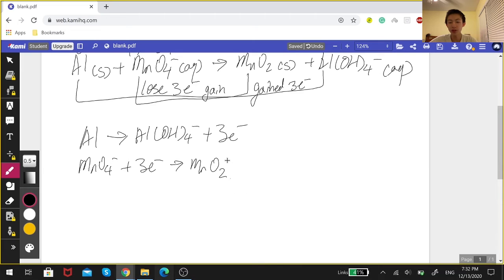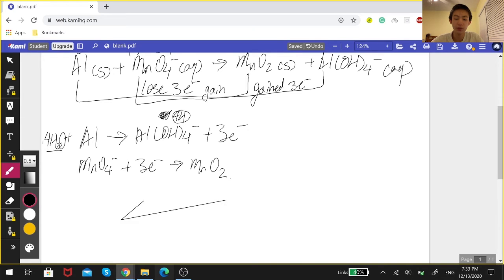Now we need to add OHs and oxygens onto both sides. The first thing we can do here is keep this and think of it as 4 oxygens and 4 hydrogens. That means we have 4 extra oxygens and we need to add 4 H2O on the left side, right? To neutralize these 4 oxygens. Now, after these 4 oxygens are balanced, we need to deal with 4 H's along with the additional H pluses.